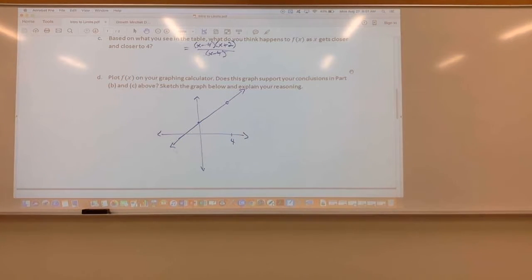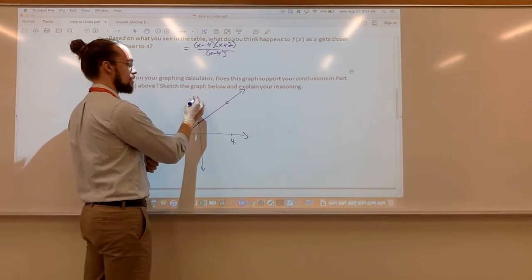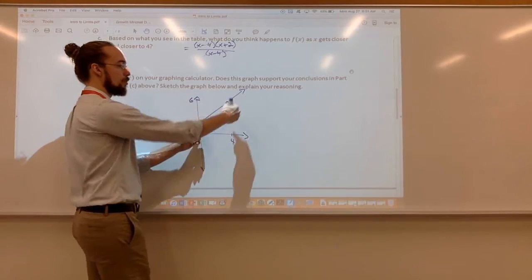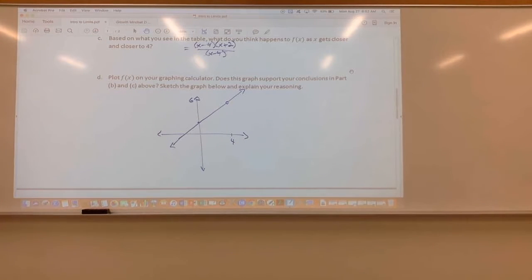And we determined that the x value of 4 was not part of the domain. But what we did figure out in parts B and C was that we were approaching a y value of 6 from both sides. Therefore, the limit as x approaches 4 is equal to 6.